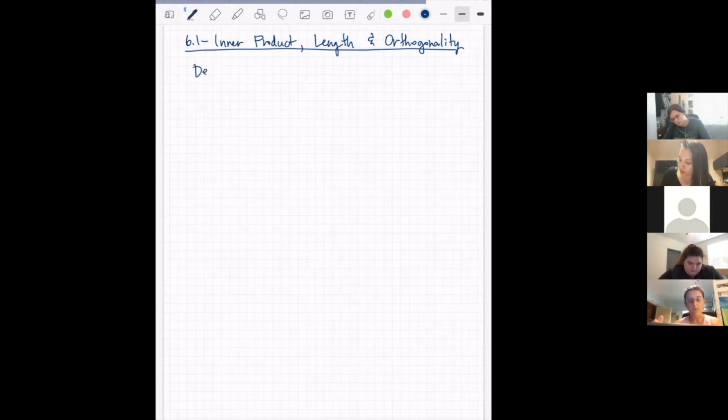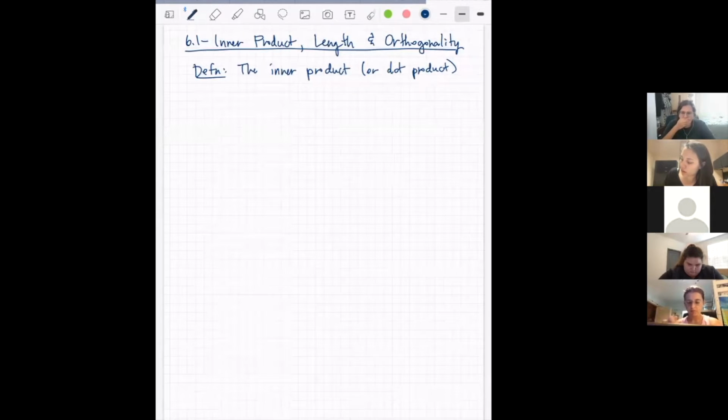So the first thing is to define the inner product, which we will more often refer to as the dot product, but you can use these interchangeably. And this is a way of sort of multiplying two vectors in a particular way.